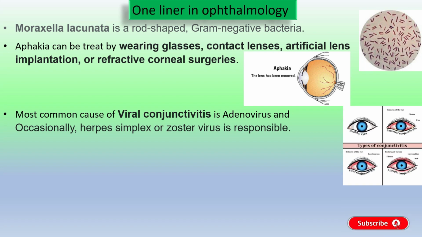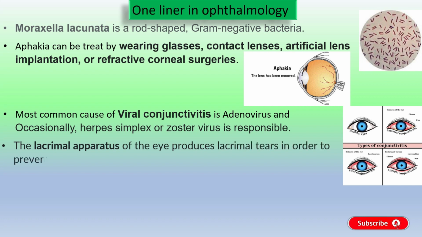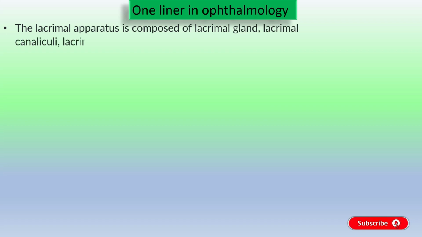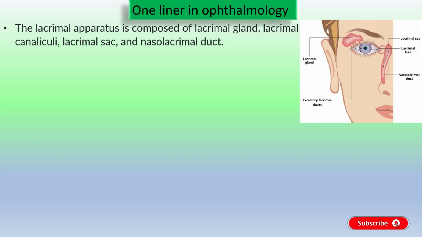The lacrimal apparatus of the eye produces lacrimal tears in order to prevent dehydration of the eye. The lacrimal apparatus is composed of lacrimal gland, lacrimal canaliculi, lacrimal sac, and nasolacrimal duct.